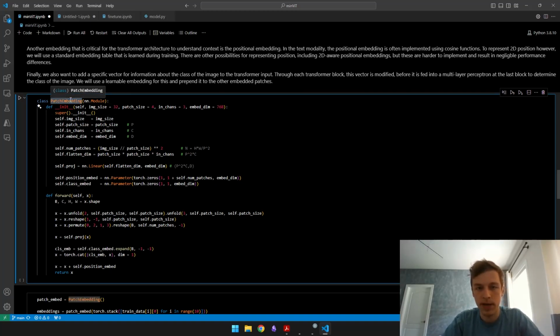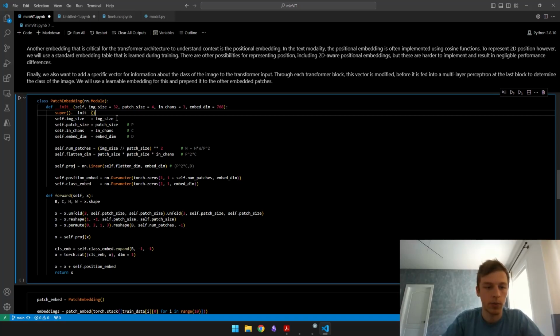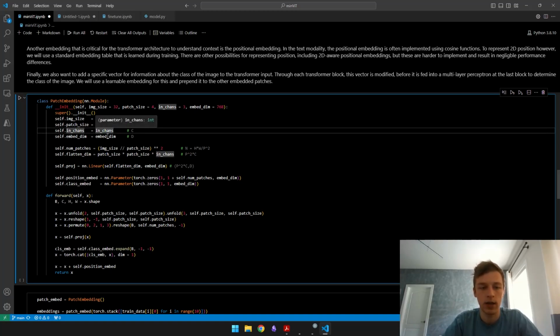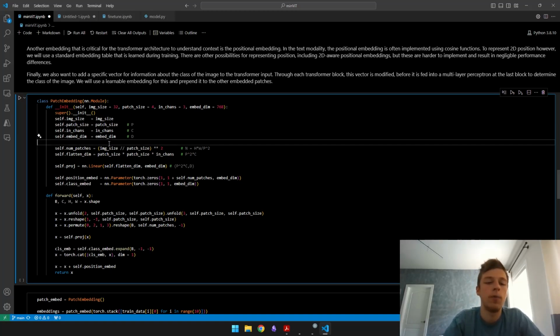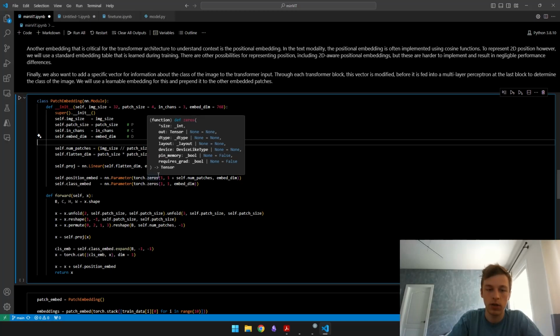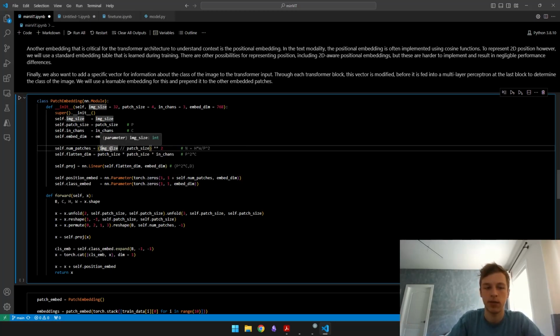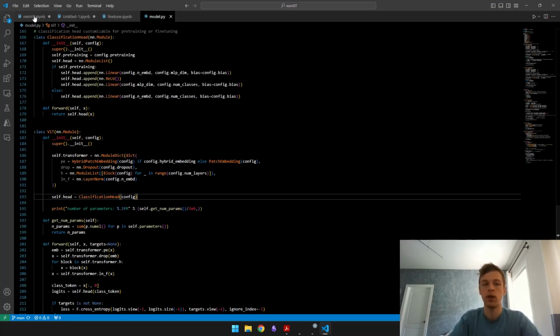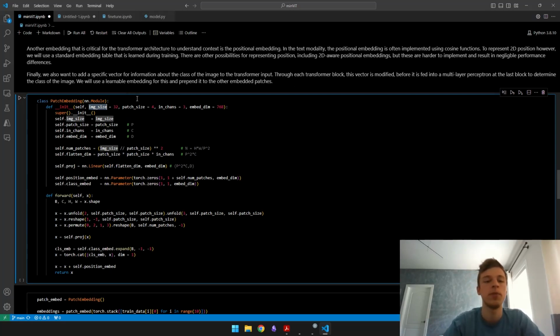So for this patch embedding module, we have here the image size, the patch size, channels and embedding dimension. One thing we want to calculate just for simplicity, because we want to know the number of patches for the positional embedding so that we can make the right dimension. We find that by simply taking the image size, which later in my implementation in model.py I changed to height and width to adjust to any size images.